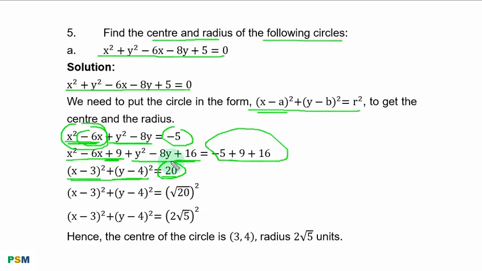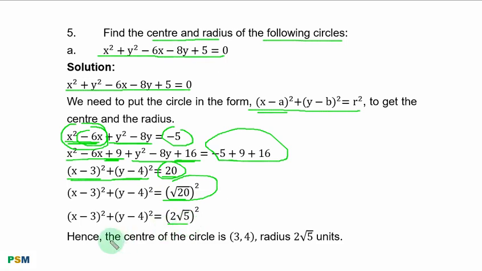To achieve that, you write 20 as the square root of 20, squared. When you simplify root 20, you have the square root of 4 times 5, and that is 2 root 5, all squared.